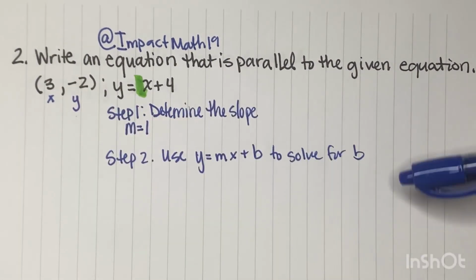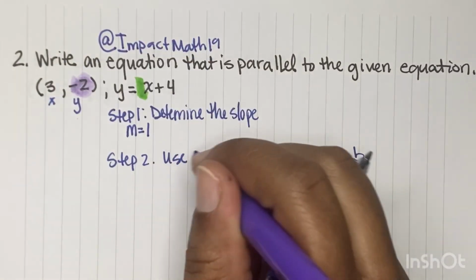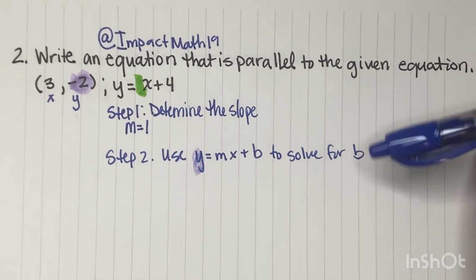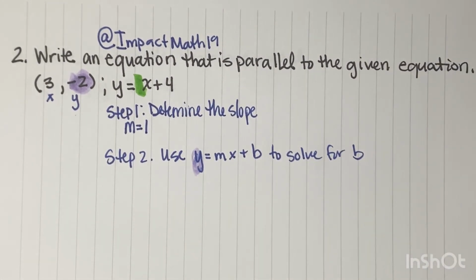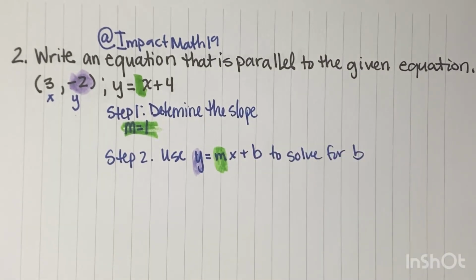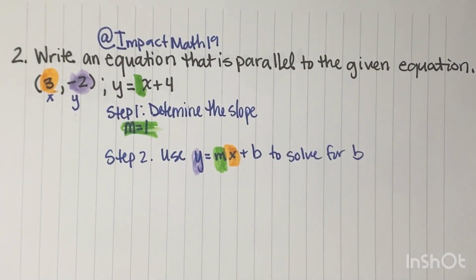So here we have y, which they gave us was -2, so we're going to plug that in for this y. We just found our slope, which we said m was the slope. We're going to use this slope. And then we're going to plug in our x here, 3, and then we're going to solve for b.